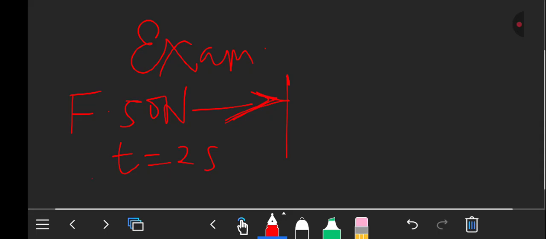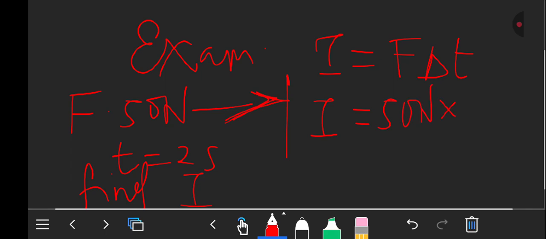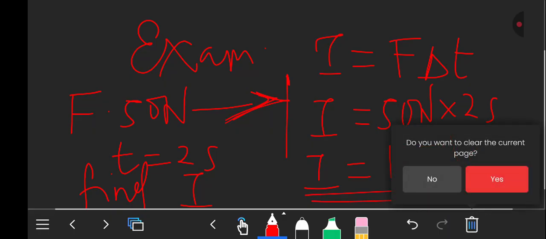Find the impulse. So how can you find the impulse? Impulse is equal to force multiplied by change in time. So impulse will be equal to the force, 50 newtons, multiplied by the change in time, 2 seconds. 50 multiplied by 2 is 100 newton seconds. So that is how you can calculate the impulse.